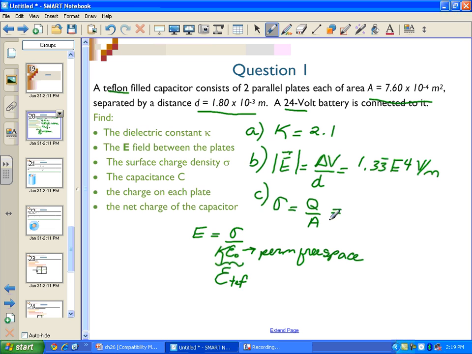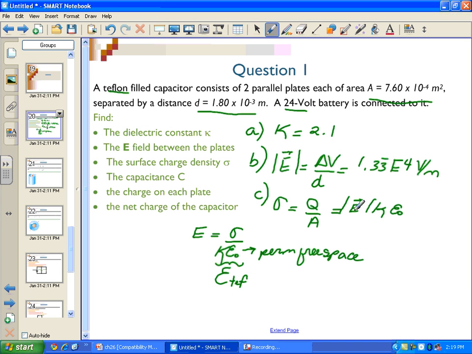So, here, if we substitute for sigma, we can then write that sigma equals the electric field magnitude, what we have just obtained in Part B, times kappa times epsilon naught.